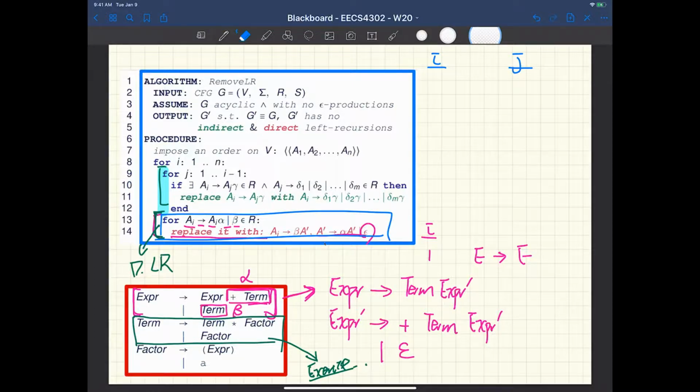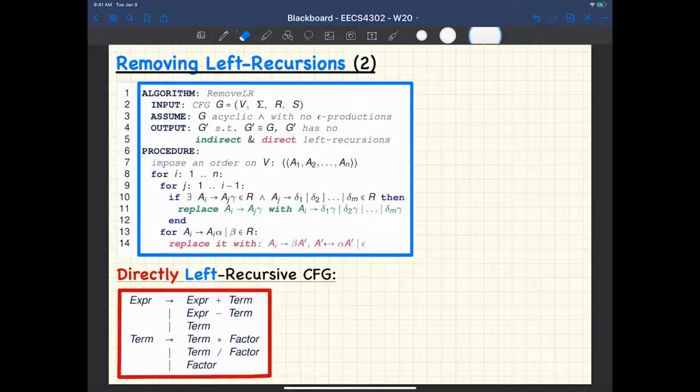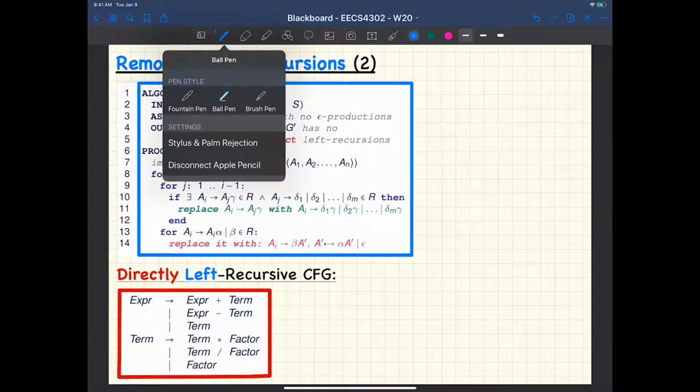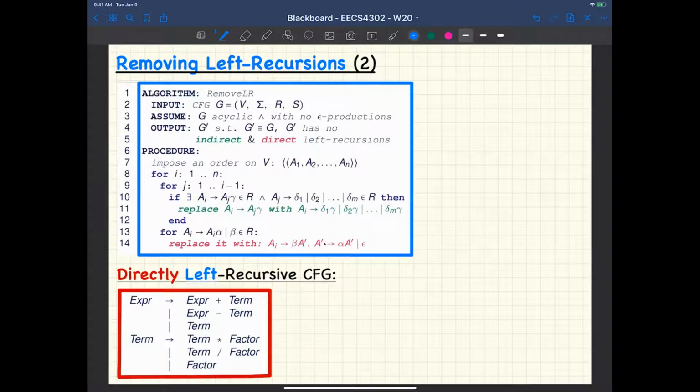Okay. If everybody's okay, I would suggest this one here will be very similar, in the sense that you will see that there is no indirect left recursion. If you try to run this particular example, you'll find that for this stage, you didn't have to do anything, similar to the previous one.